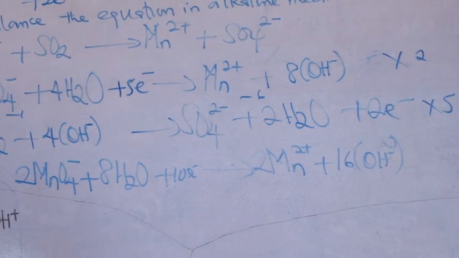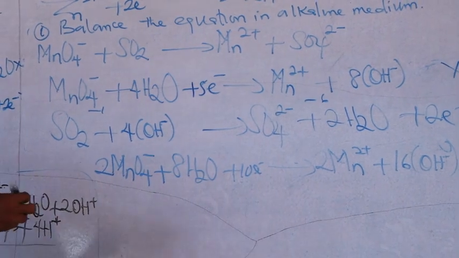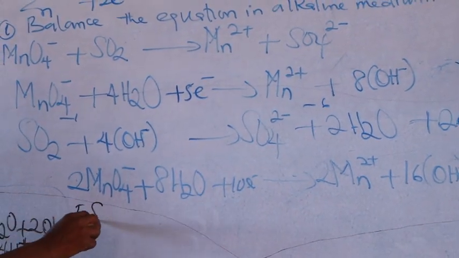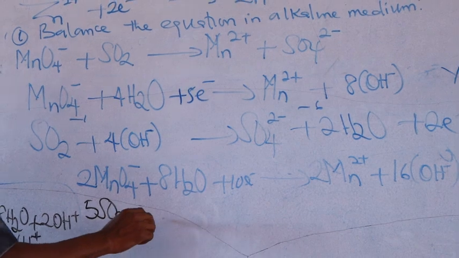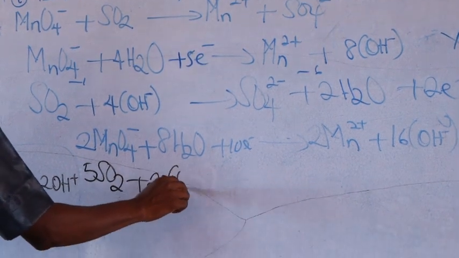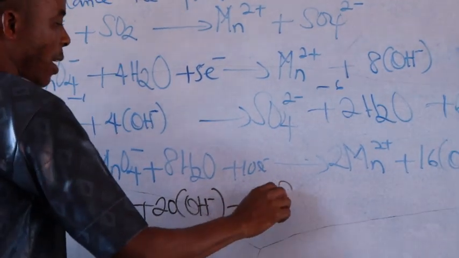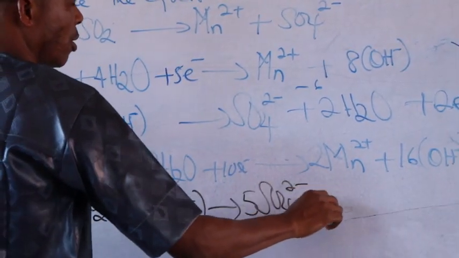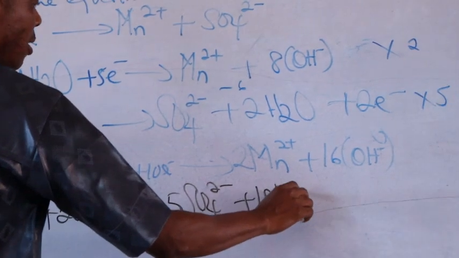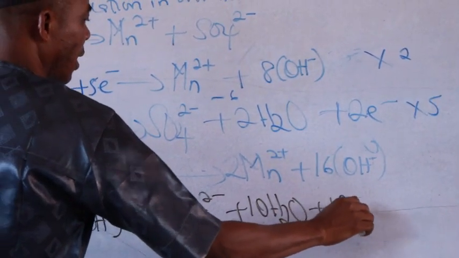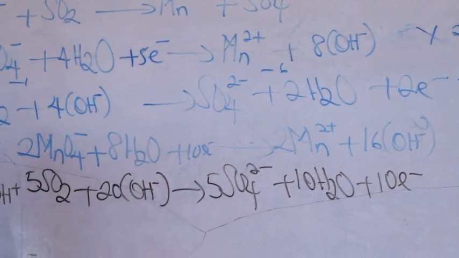Then the second equation will give us 5SO2 plus 20OH minus to give 5SO42 minus plus 10H2O plus 10e minus.